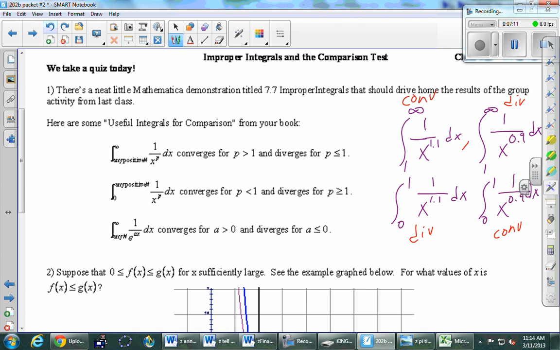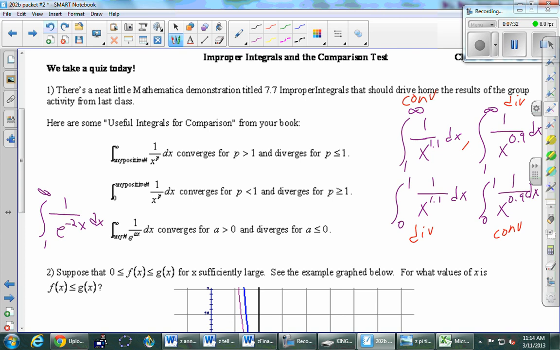Okay, yes, if a is positive, then this e term is really downstairs. But what if a was a negative number, like 1 over e to the negative 2x? Where is that e really? That e is really upstairs, right? And so now I've got huge amounts of area. I'm not even approaching the x-axis anymore.